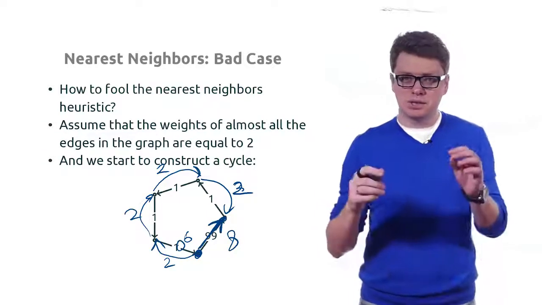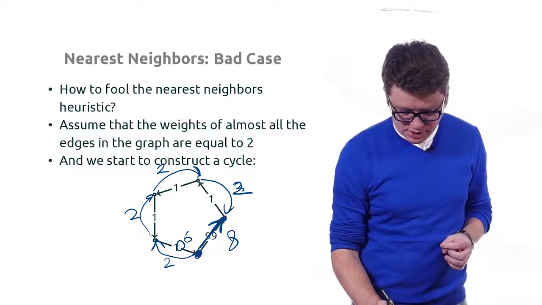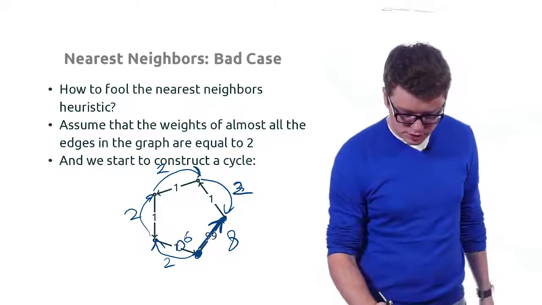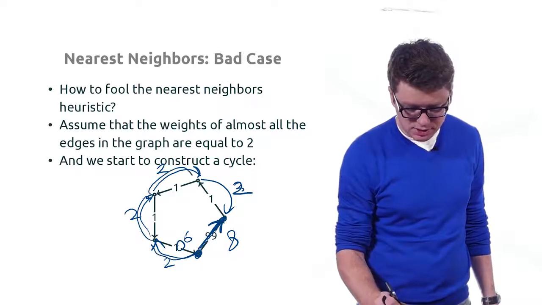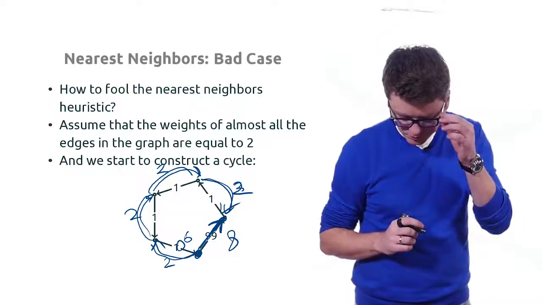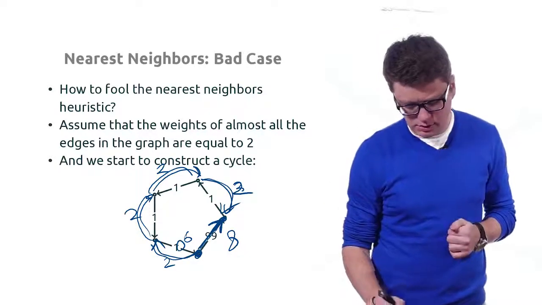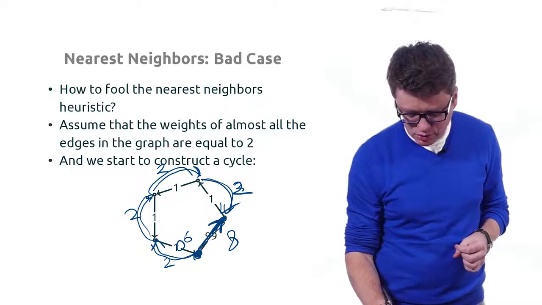Right? Just because it is a Euclidean graph, and in this case, just by triangle inequality, we know that if we go like this, and this, it should not be shorter than just going directly from this node to this node.